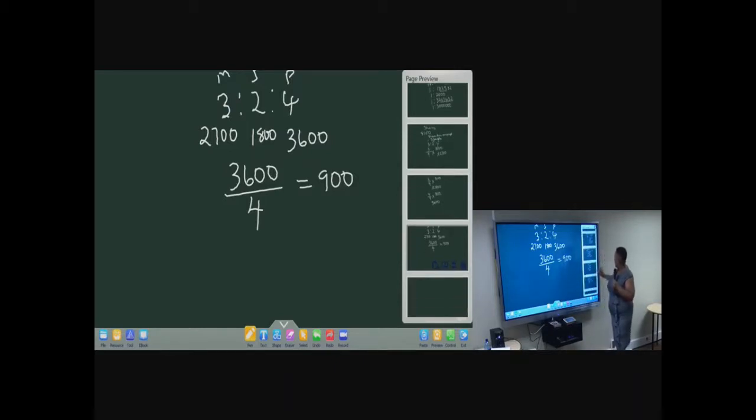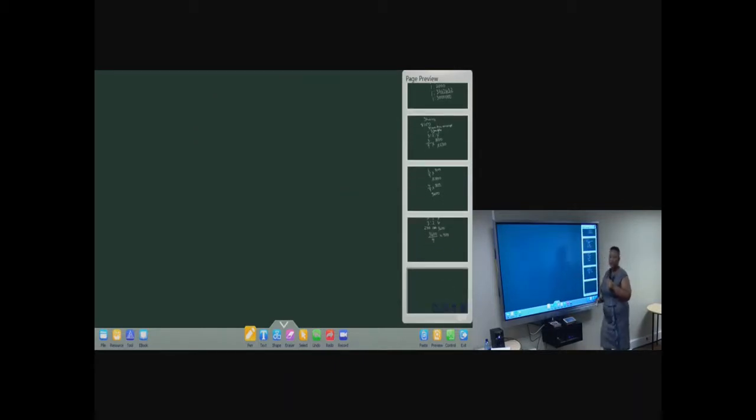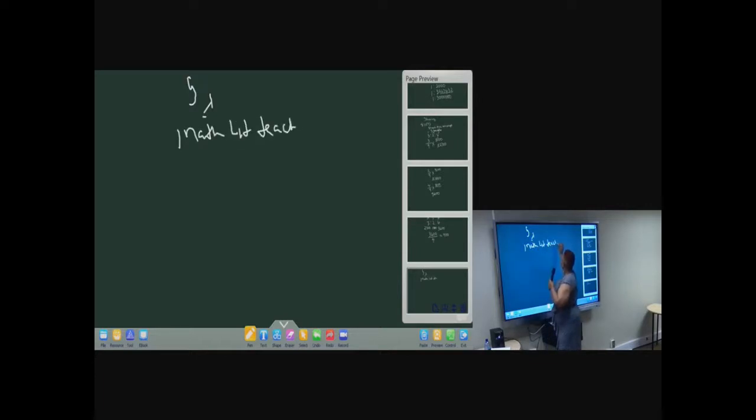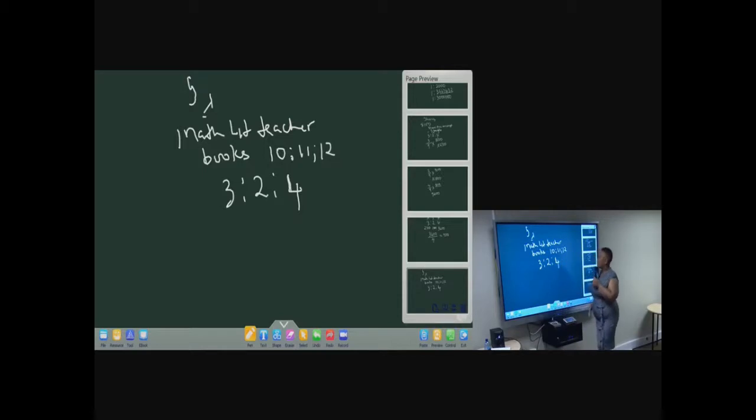In one other year, in a question paper, you were given a question where you have a maths lit teacher who is issuing books to grade 10, grade 11, and grade 12 learners. She is issuing books in a ratio of 3 is to 2 is to 4.